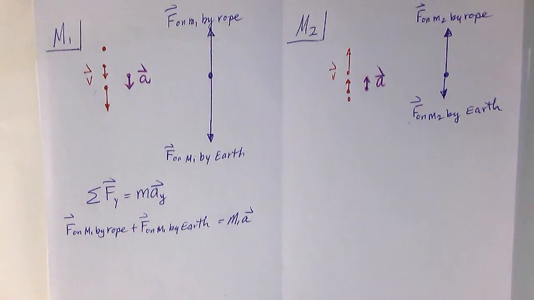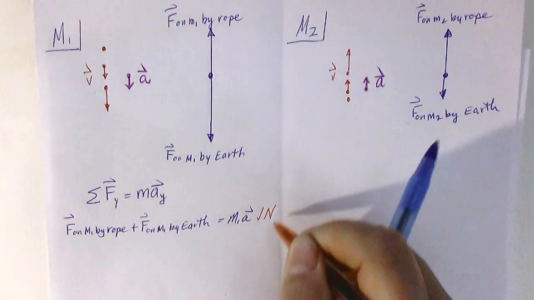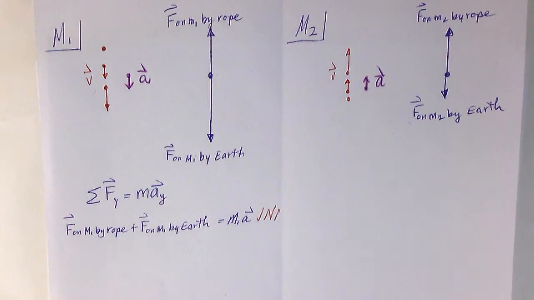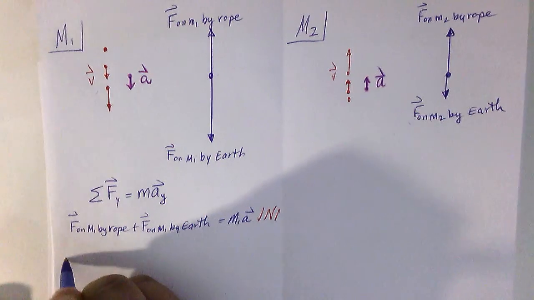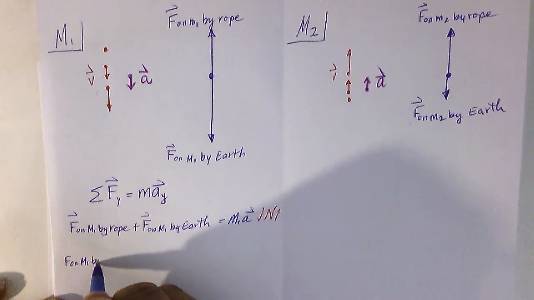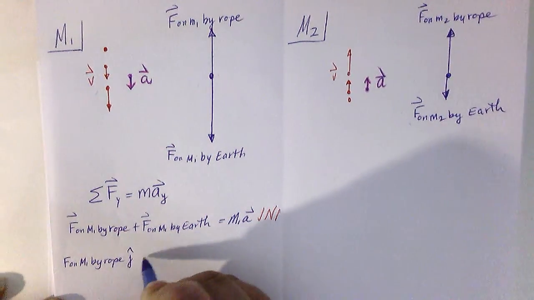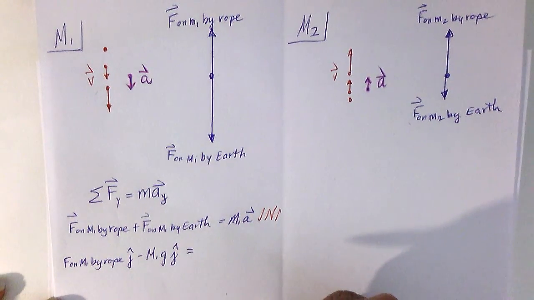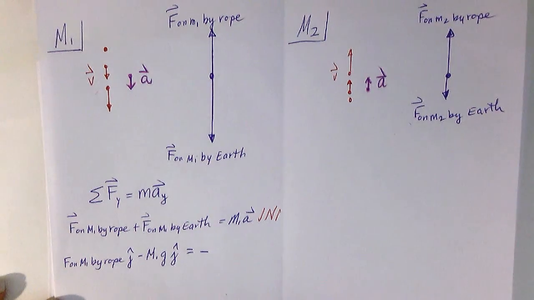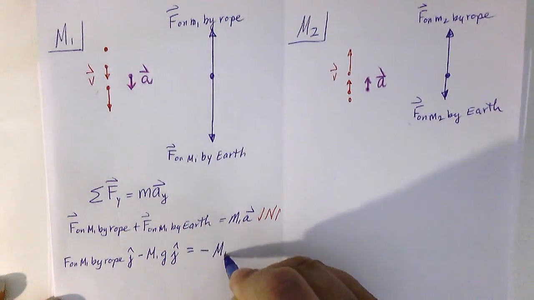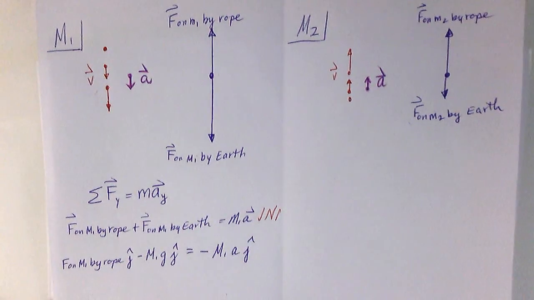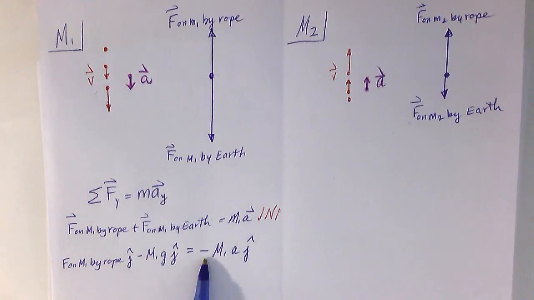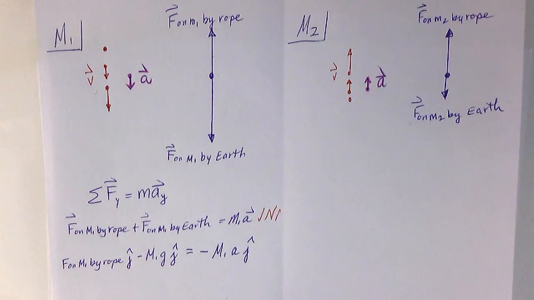So I'm going to put a little check here. Newton's first law. Now what I'm going to do is substitute in magnitude and direction. So I have force on M1 by rope, j hat, minus M1 g, j hat. Now, what is the direction of the acceleration? It's going down. So I need to make sure that I put a negative here, and this is M1 a, j hat. This is where students end up getting the wrong answer. This one little thing right here, they don't put the negative in.